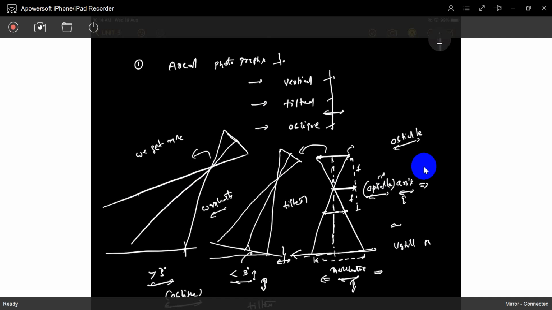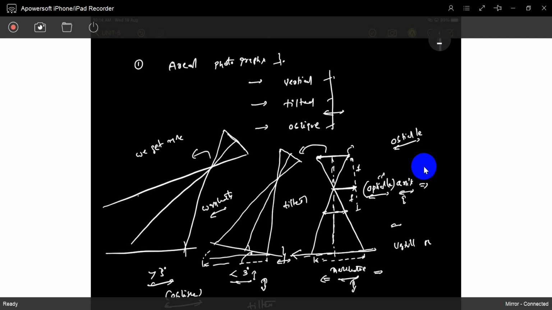We call it a tilt photograph. This is the image you will get. Less than 3 degrees we call tilt; it is unintentional. In general, in real practice, every photograph is tilted; we don't get an exactly vertical photograph.